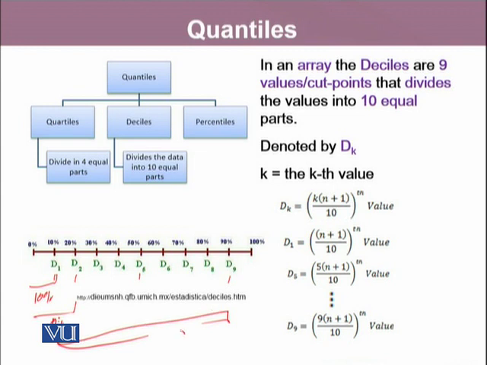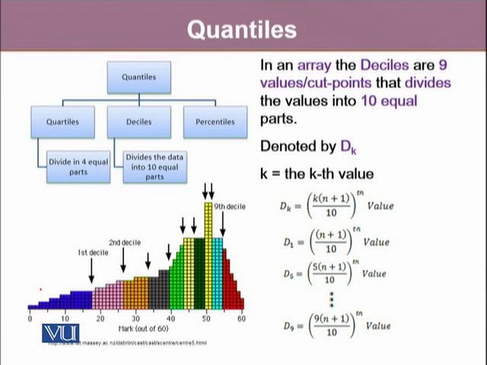D9 has 90% of data below it and 10% above it. So deciles are denoted by Dk, where k can go from 1 up to 9. So there will be 9 such values that divide the data into 10 equal parts.